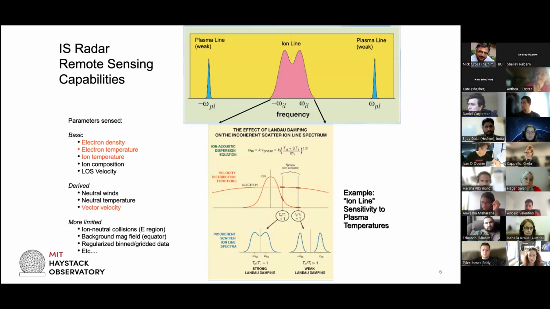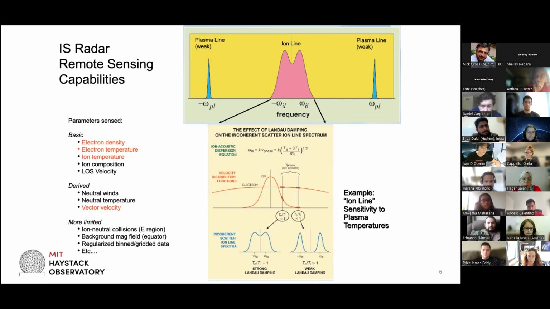Now, the capabilities that you can get: you can get this electron density as a function of altitude. You can also get electron temperature and ion temperature. You can get some information about the ion composition and the line of sight velocity.